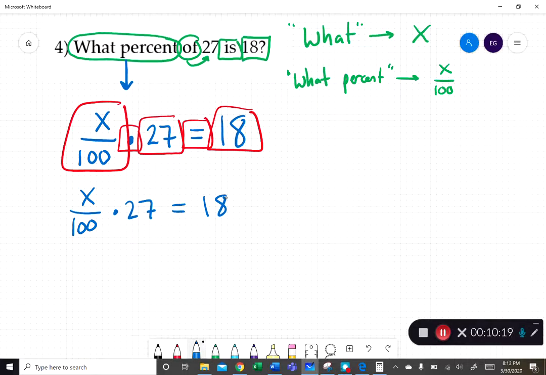All right, so our goal here is to solve for x. And so we have to basically remove the 27 and we have to remove the 100. And so we have an equal sign here.